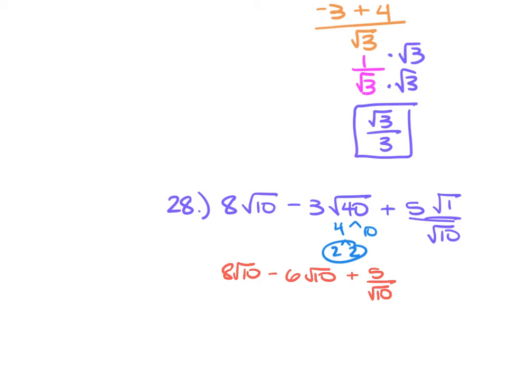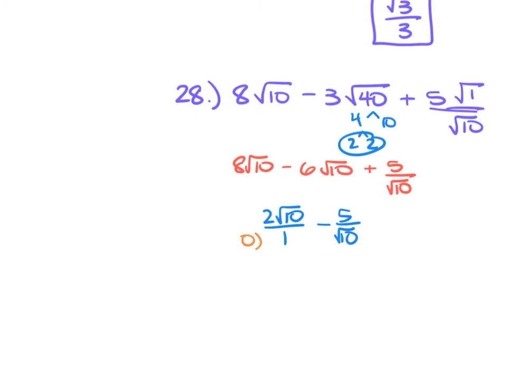So 8 square root 10 minus 6 square root 10 is 2 square root 10 over 1 minus 5 over the square root of 10. We're going to multiply top and bottom by the square root of 10 for the first fraction. So this is going to give us 2 times 10 minus 5 all over the square root of 10.